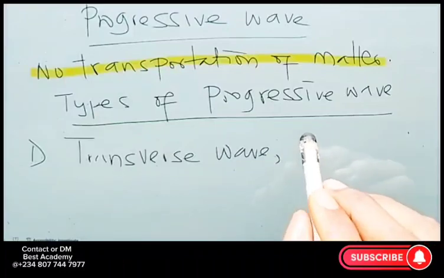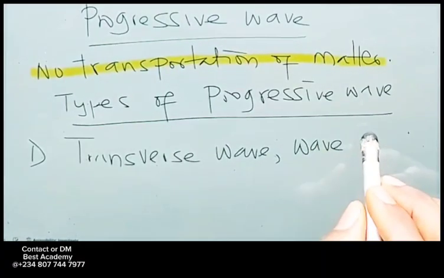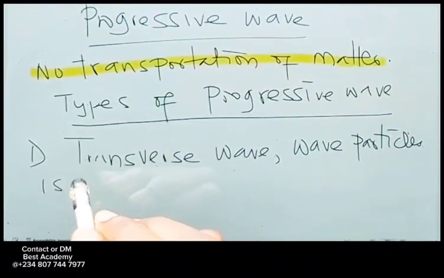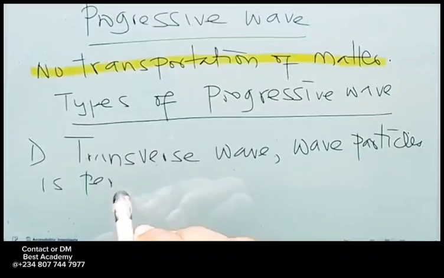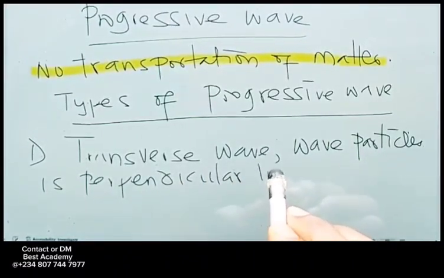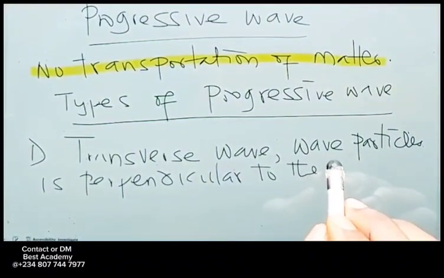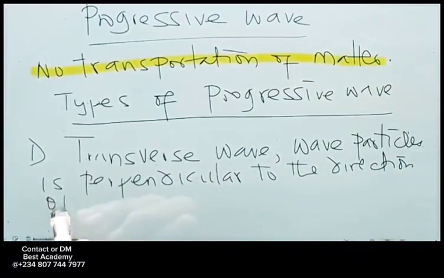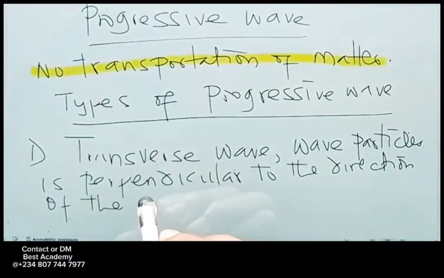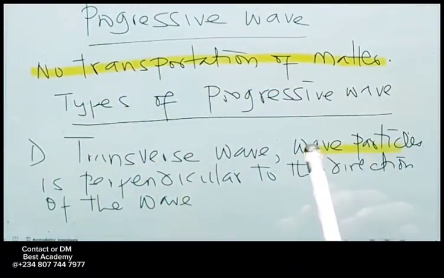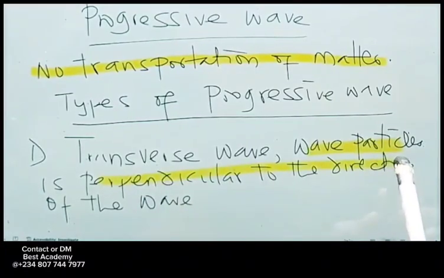That means whenever the wave particle is perpendicular to the direction of the wave, at that point we call it a transverse wave.